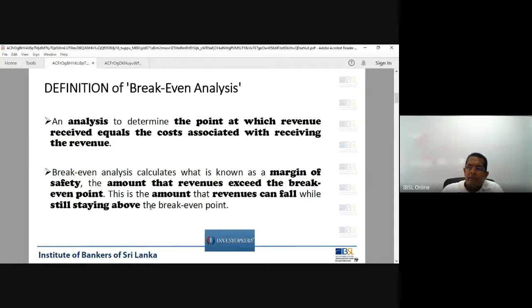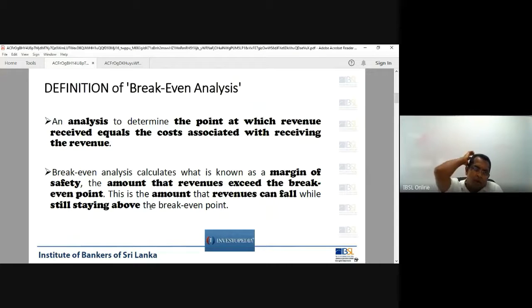This is the definition: an analysis to determine the point at which revenue received equals the cost associated with receiving the revenue. That means the break-even point is the point at which no profit, no loss situation occurs.